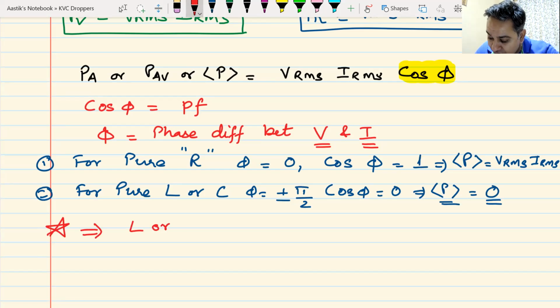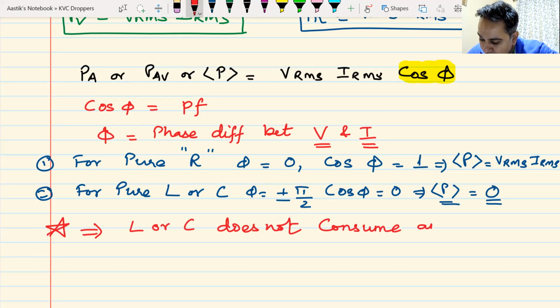L or C circuit does not consume any power. They do not consume any power in an AC circuit.